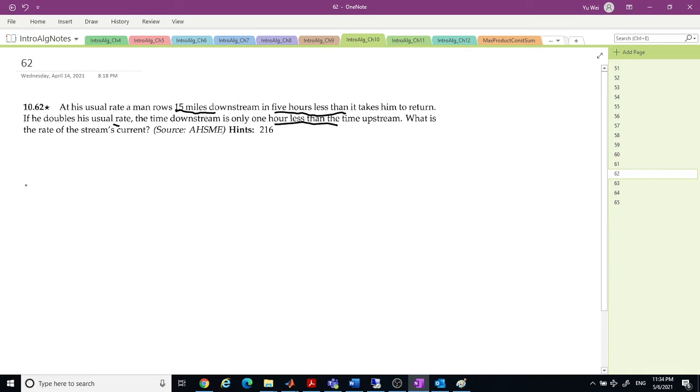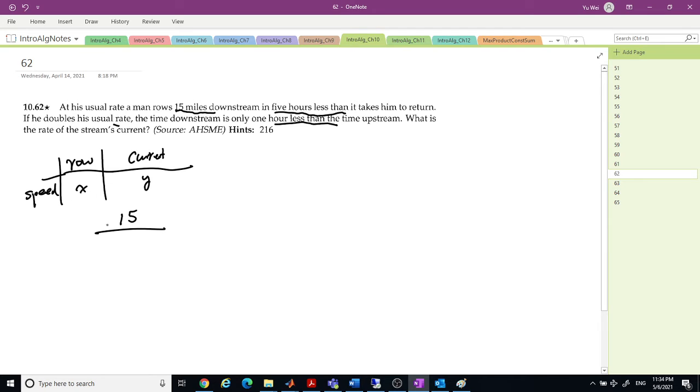So let's see, the rowing speed and the current speed, x and y.